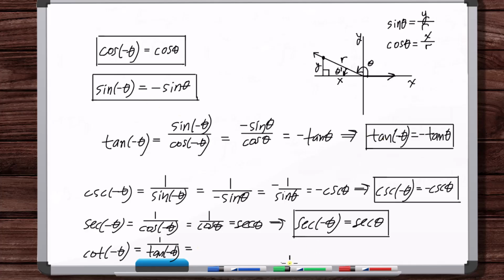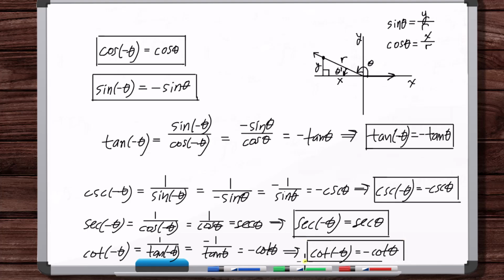Tangent is an odd function, so this is minus 1 over tangent theta, which is minus cotangent theta. So cotangent is an odd function. And there you go, there are the even-odd identities.